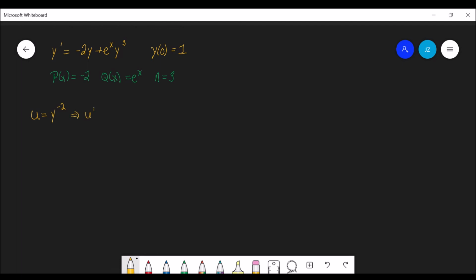This means that u prime is equal to negative 2 y to the minus 3 times y prime.